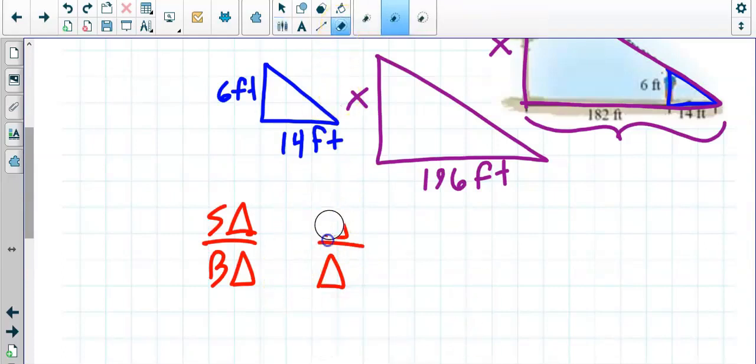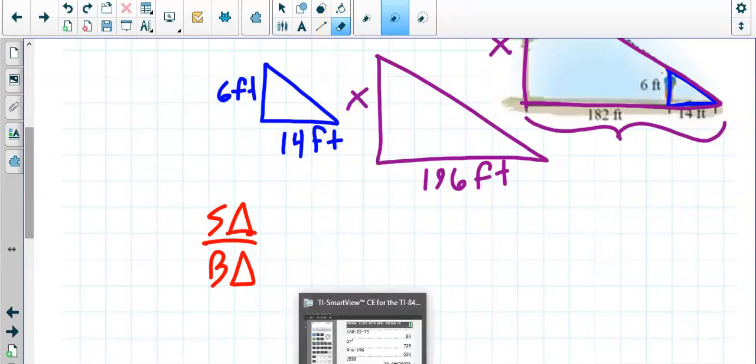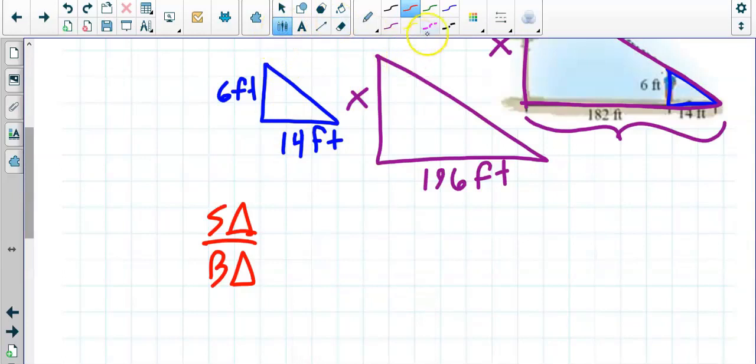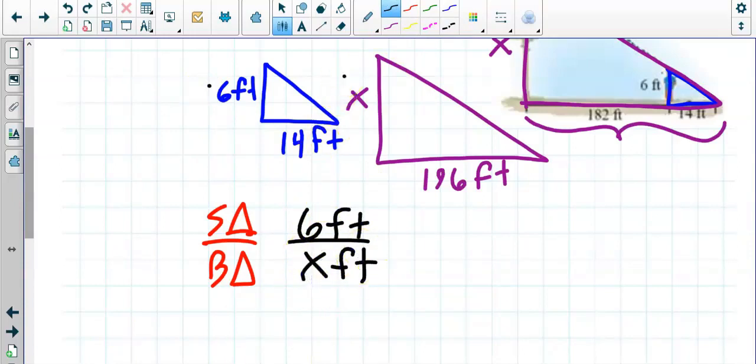And all I'm going to do is match a side on the small one with a side on the large one. That's called being consistent. Okay? So a side on my small one that I can talk about is 6. The side that matches it on the large one is x. Because this side is oriented with that side, and they match up.